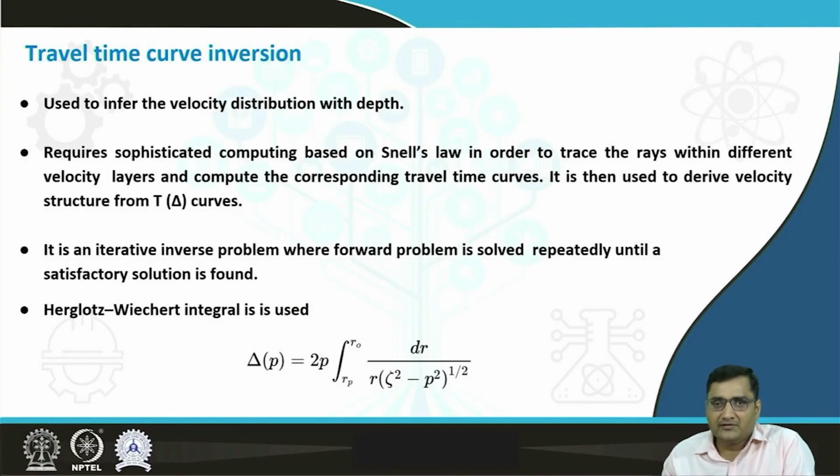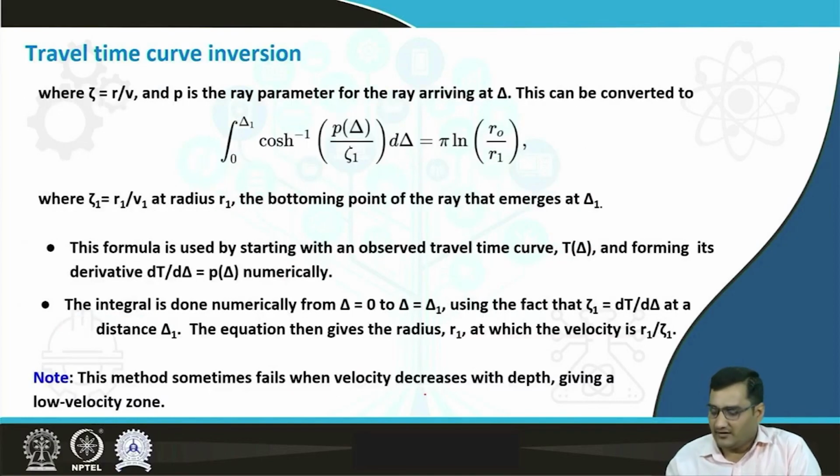For this purpose, we take this integral into consideration, the Herglotz-Wiechert integral, which says that delta(p) is equal to 2p times the integral from the bottoming depth to the epicentral depth of dr by r times (zeta square minus p square) to the power under root, where zeta is equal to r by v, and p is the ray parameter for the ray arriving at delta.